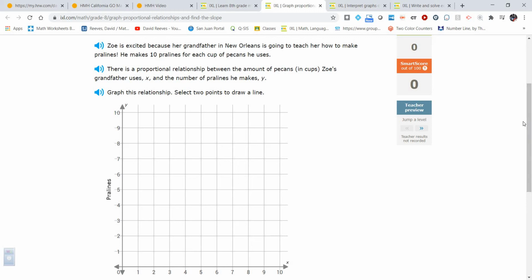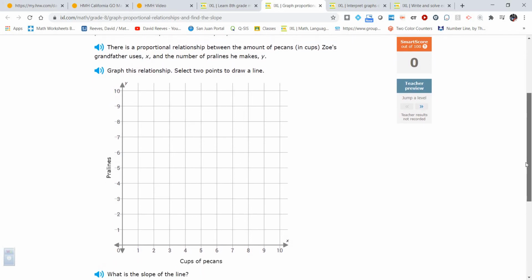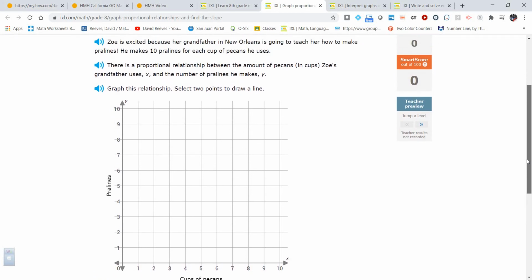Zoe is excited because her grandfather in New Orleans is going to teach her how to make pralines. He makes 10 pralines for each cup of pecans he uses. There is a proportional relationship between x and y. Graph this relationship. So he makes 10 pralines for each cup of pecans he uses.